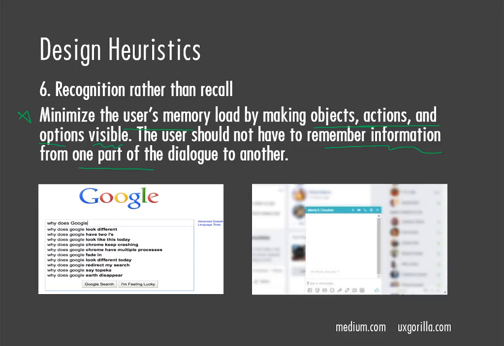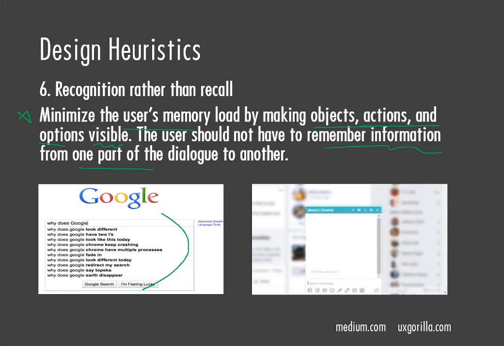A good user interface doesn't require the user to recall frequently. Instead, it offers all options and information required to make a choice. Like in the first example, Google Suggestions, showing users the things they can recognize improves usability over needing to recall items from scratch.